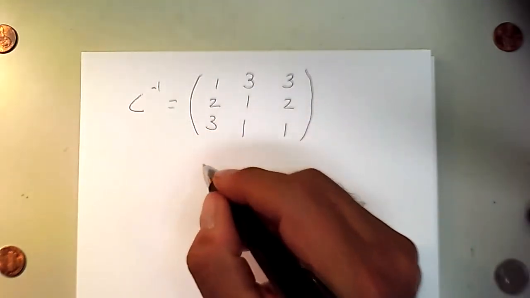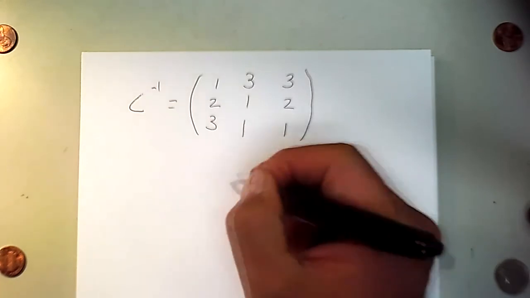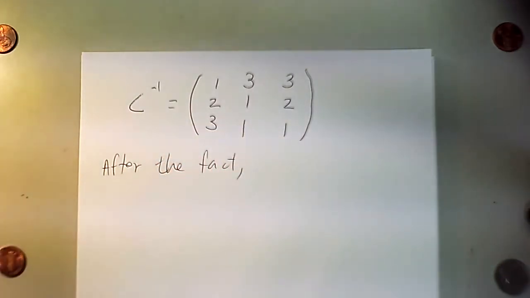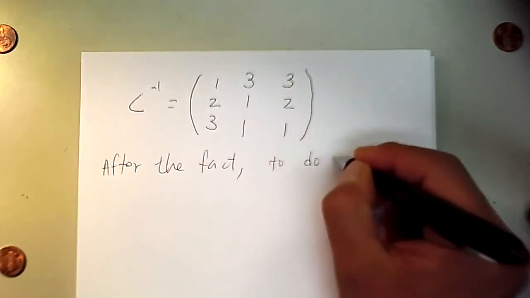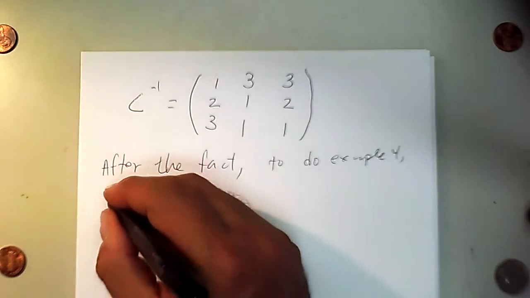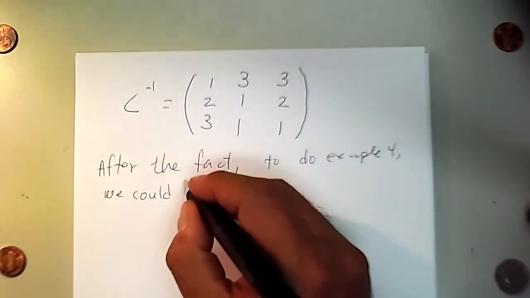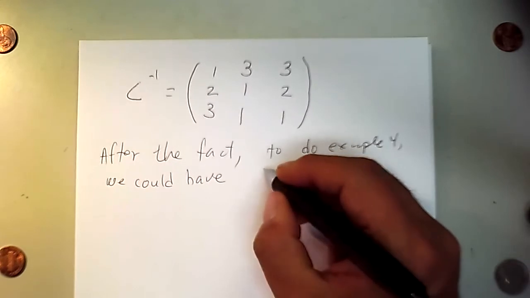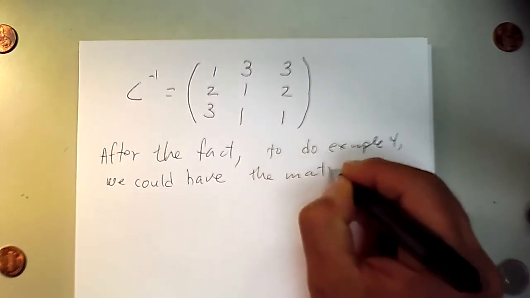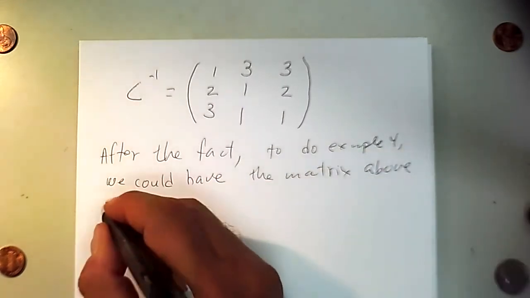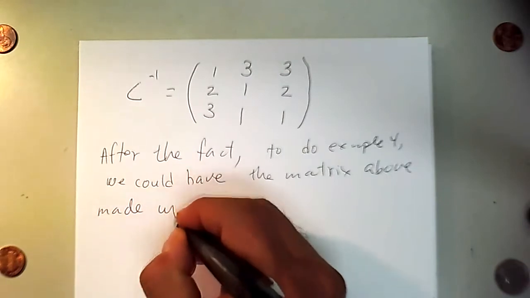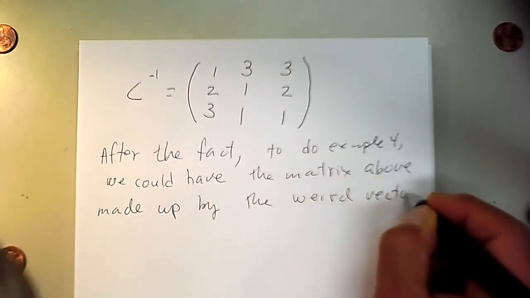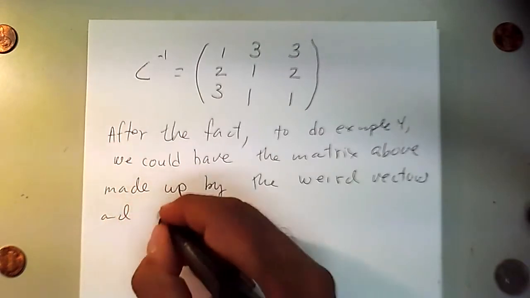So in order to figure out example 4, after the fact, we could have taken the matrix made up by the weird vectors and found the inverse.